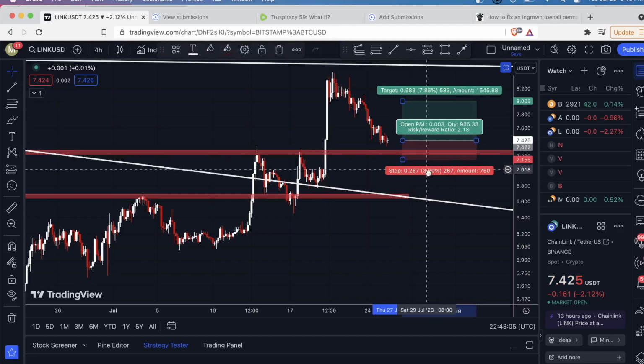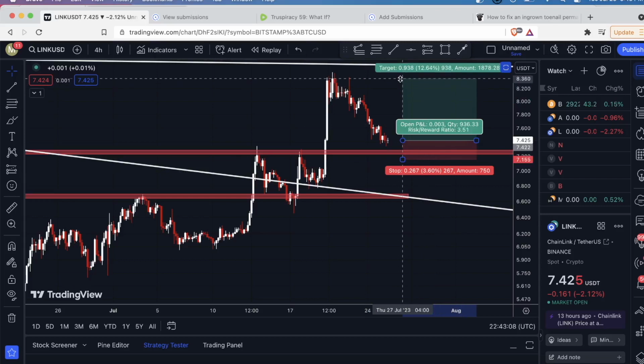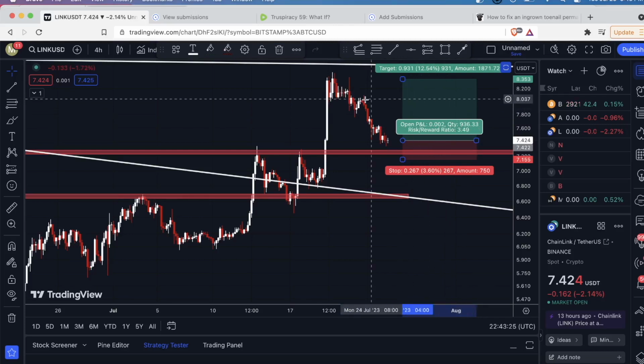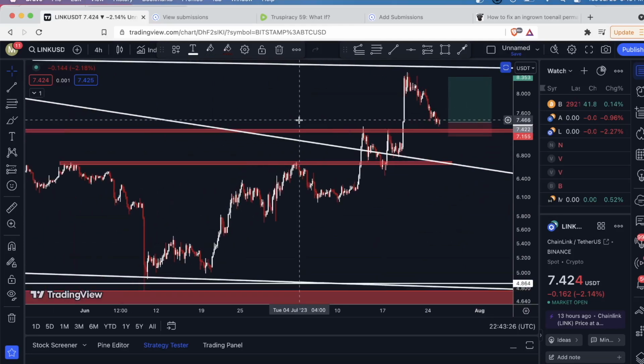I would risk 3.6%, and if I targeted all the way back up here, that's 12.54%. So this is a very good risk-reward ratio. For every $1 at risk, I potentially get $3.49 back. So 1 to 3.49 risk ratio. So yeah, that's a good trade on Chainlink.